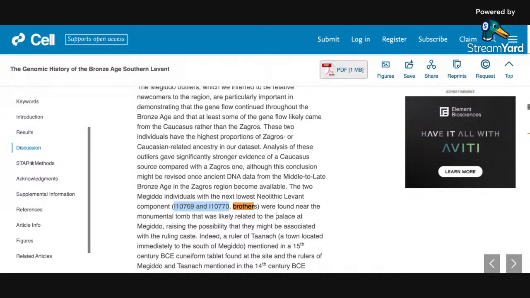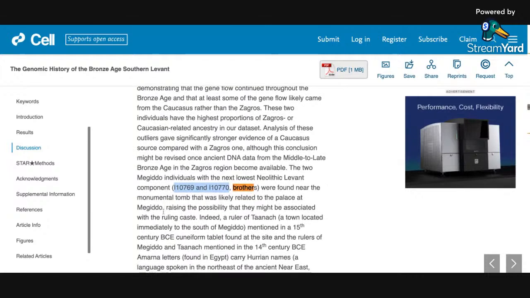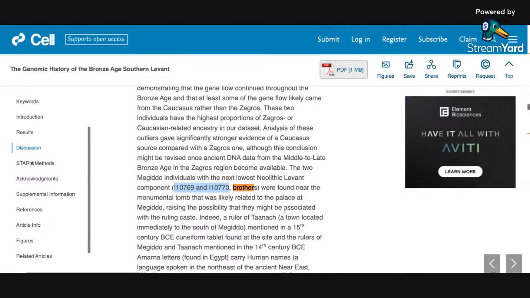ID numbers. Brothers were found near the monumental tomb that was likely related to the palace at Megiddo, raising the possibility that they might be associated with the ruling caste.